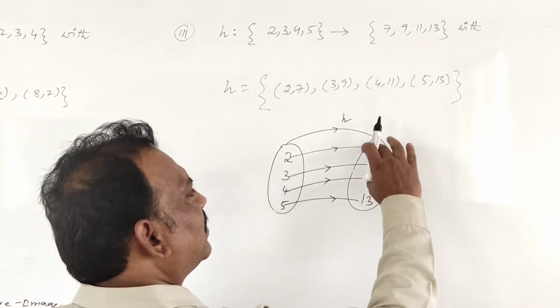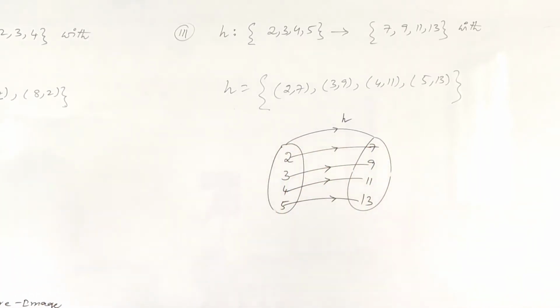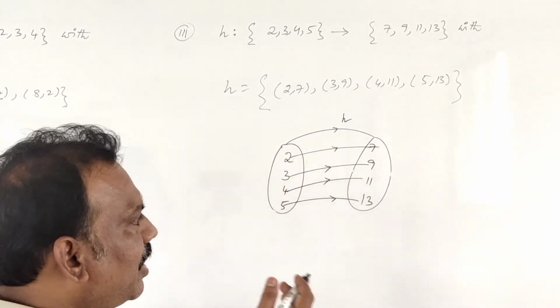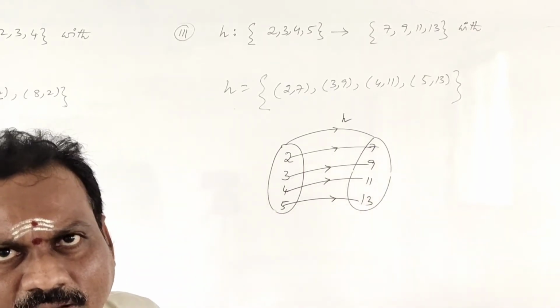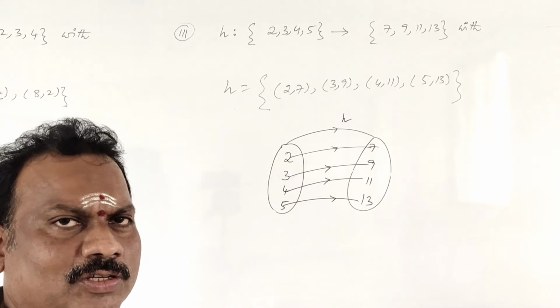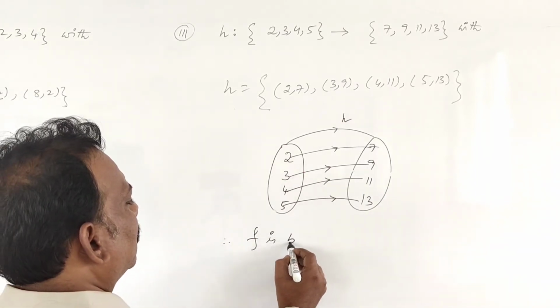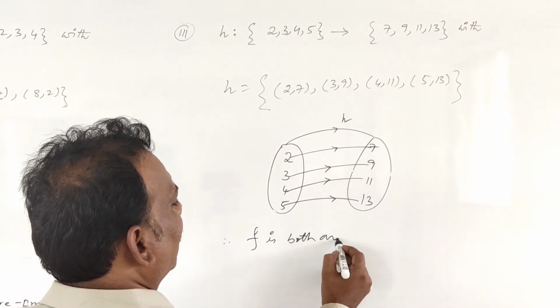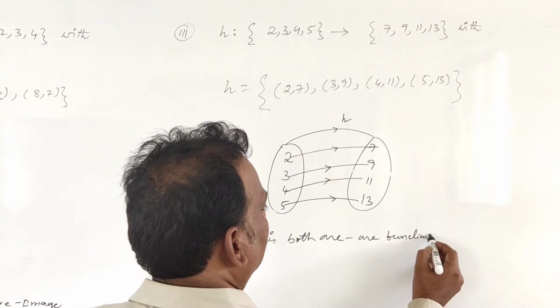Why? Because for each and every element of the second set there is at least one pre-image. For 7 we have pre-image 2, for 9 pre-image 3, for 11 pre-image 4, for 13 pre-image 5. That's why it is onto also. Write it here. Therefore, h is both a 1-1 function and an onto function.